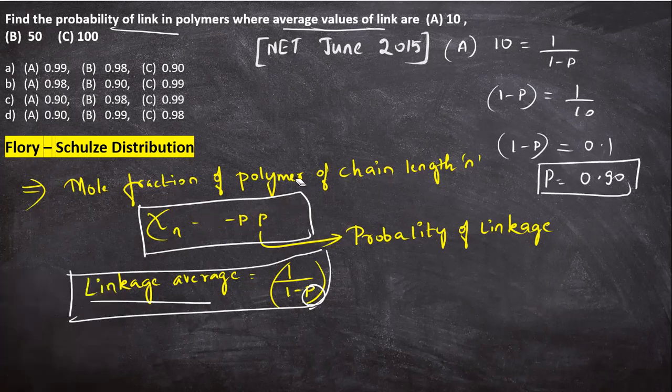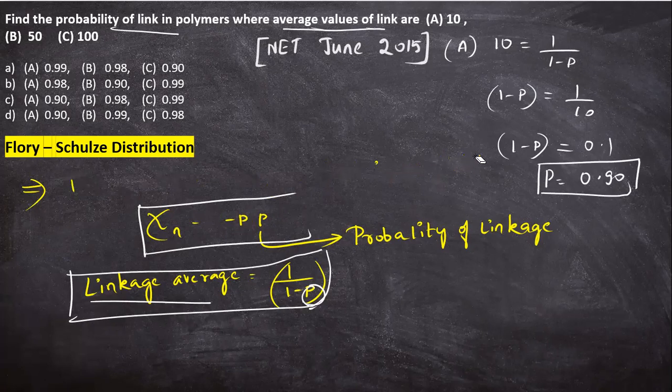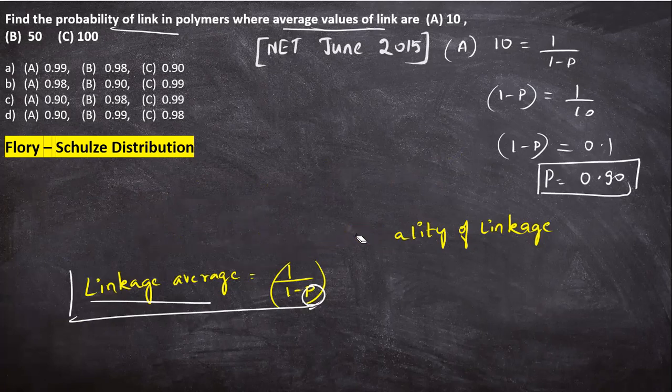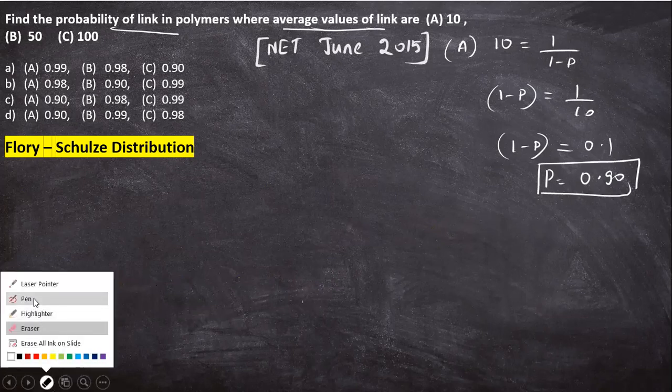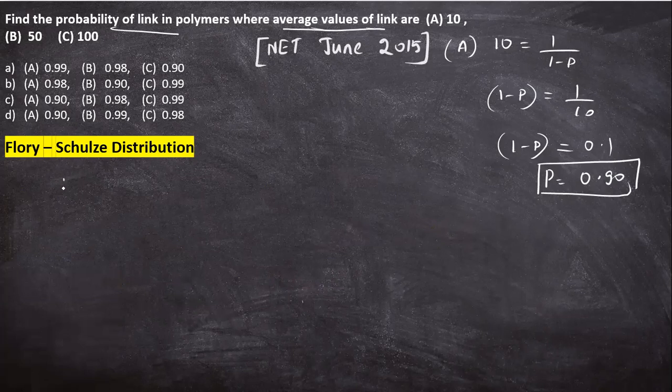Let me erase this. So try to calculate for B. What if the link average is 50? Do it. For B, the link average is 50, which equals 1 upon 1 minus p.